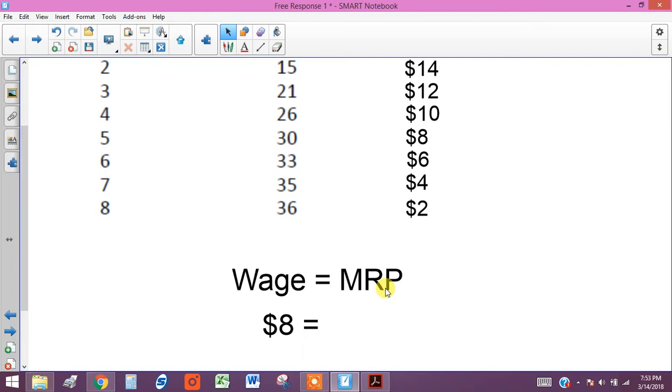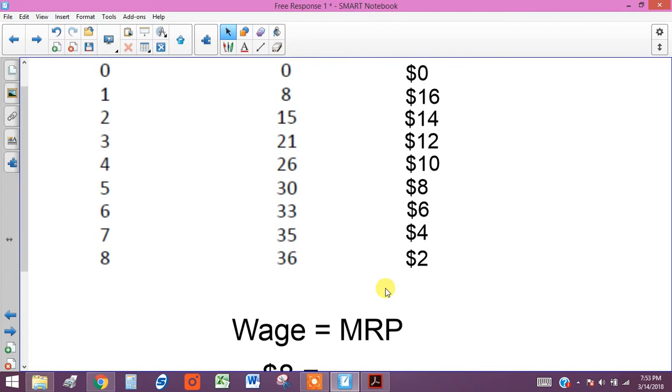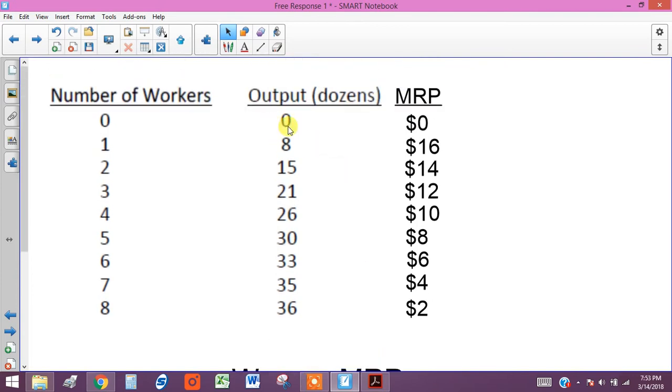Okay, so how do we figure out what that is? That's the important part here. So these are the total outputs. We want to use these numbers to compute our marginal revenue product as we add a worker. Marginal means change.